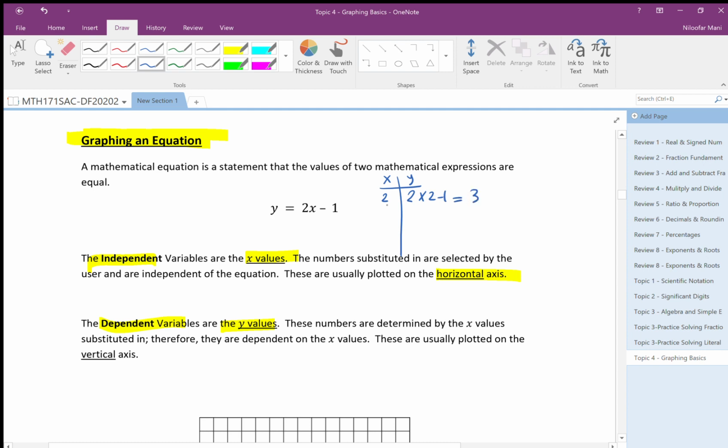Then I can say, okay, how about if x is 0, then y is 2 times 0 minus 1, which is -1. Okay, so I have (2, 3) and (0, -1), and both of them satisfy this equation. So both of them are on the line, or on the graph, of this equation.